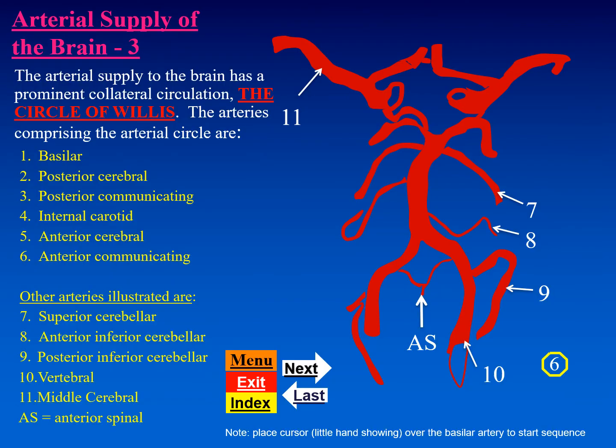This slide is going to be focusing on one particular area, and that's the arterial circle of Willis. This arterial circle of Willis consists of the basilar artery, posterior cerebral arteries, posterior communicating arteries, internal carotid arteries, anterior cerebral artery, and the anterior communicating.